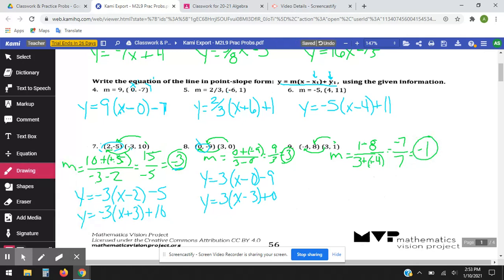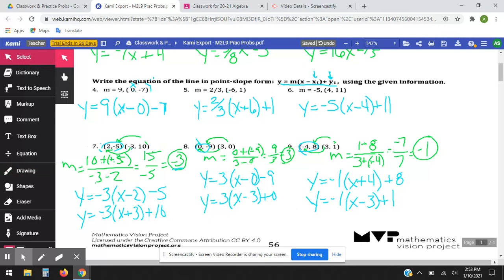So when I go to write my equation, y equals -1, x, if I use the first point, minus a -4 is +4 plus 8. Or y equals -1, x minus 3 plus 1.